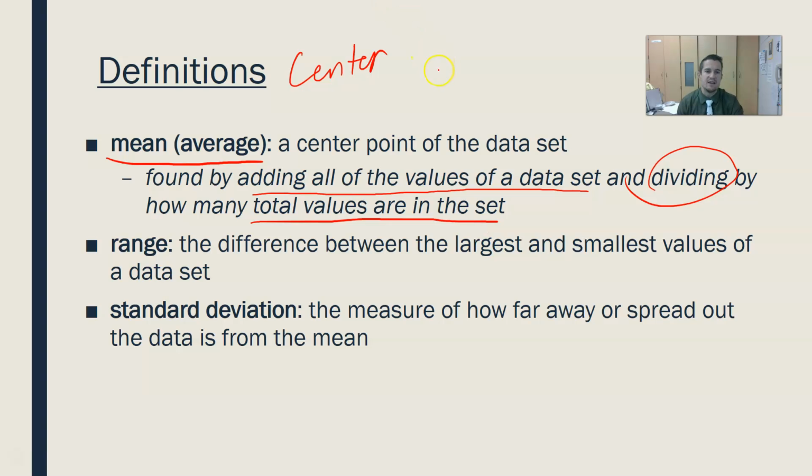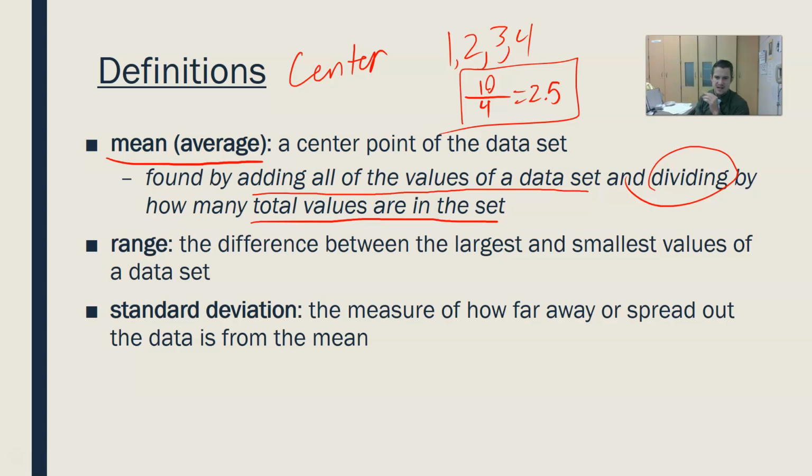So if I wanted to find the average of the numbers 1, 2, 3, and 4, I'd add 1 plus 2 plus 3 plus 4, which is 10, divide by 4, because that's how many total values there are, and I'd get 2.5. So that's how I find average.